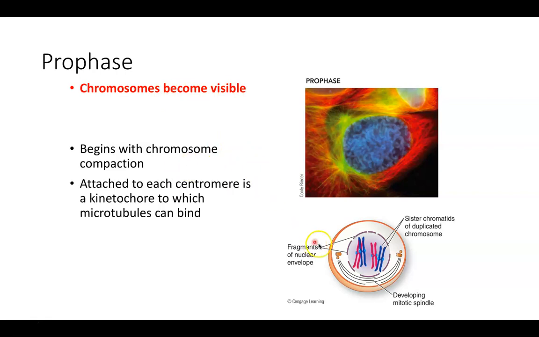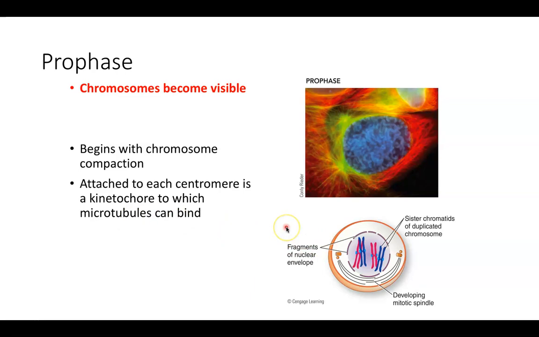Another thing about the chromosomes: if you see here the little blue dot in the image at the bottom, attached to each centromere, which remember is the middle part of the chromosome, is a little handle called a kinetochore. Microtubules, which you may remember from the cytoskeleton, are going to be able to attach to that.